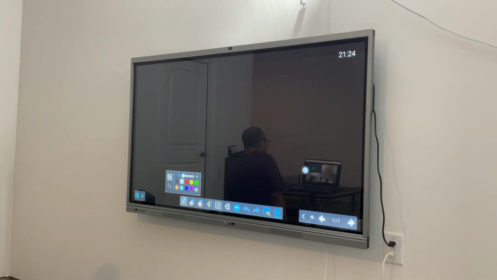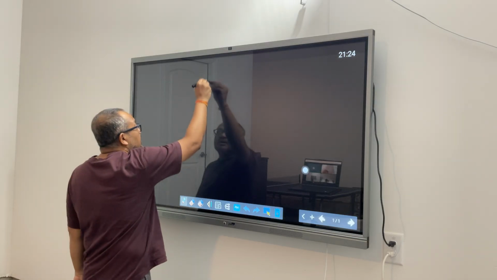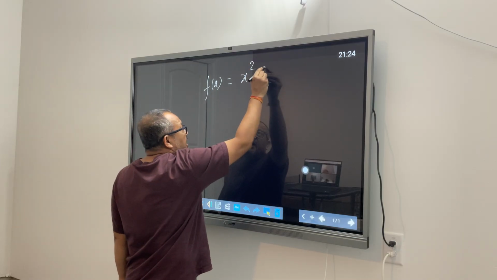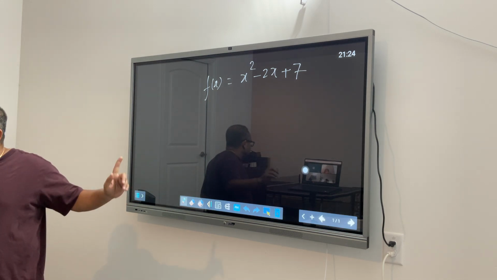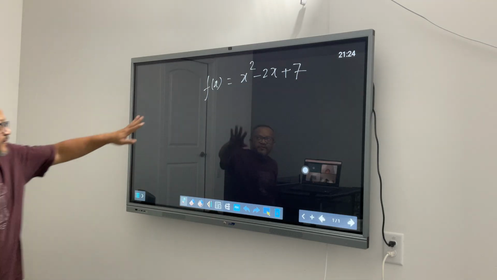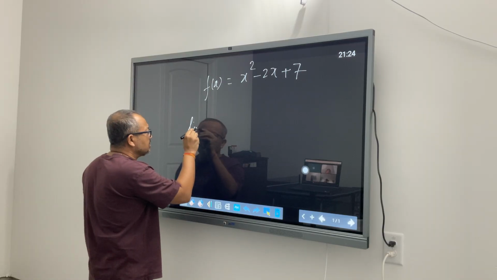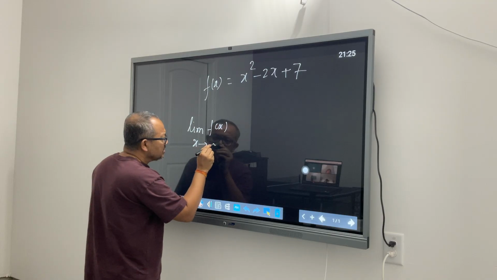So we are trying to find limits using direct substitution. What does it actually mean? Let's say I have a function f of x equals x squared minus 2x plus 7, and we are trying to find the limit of f of x when x is approaching minus 4.